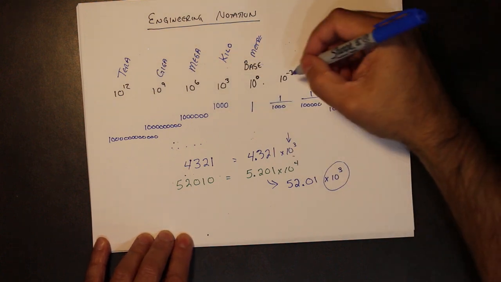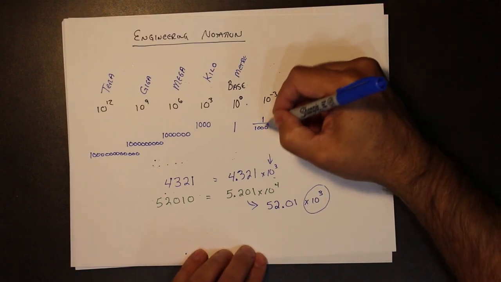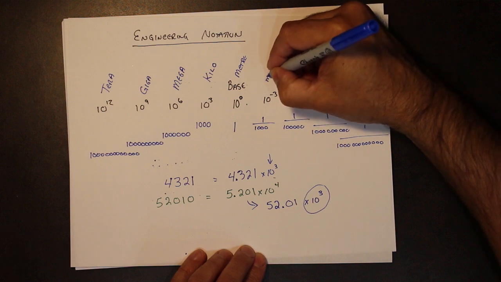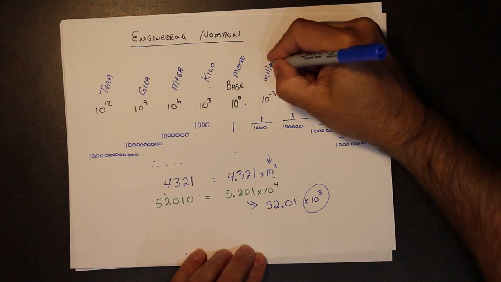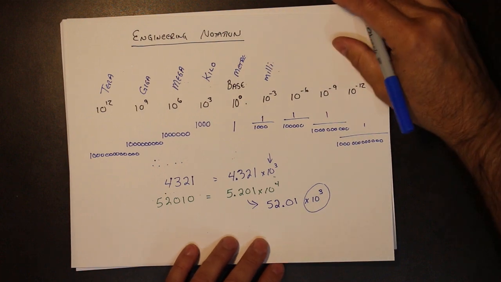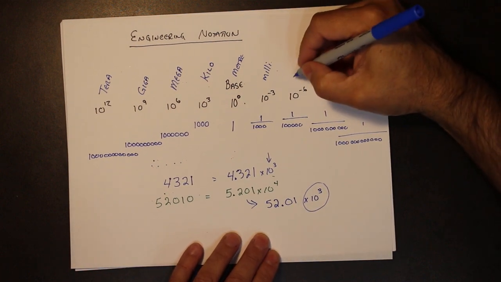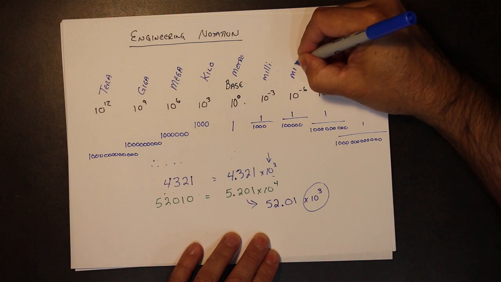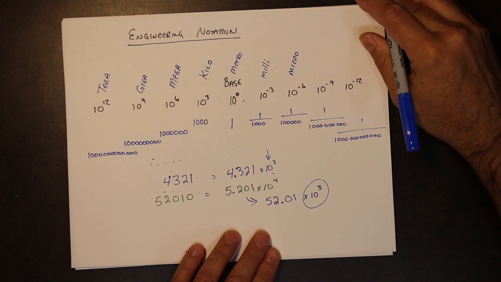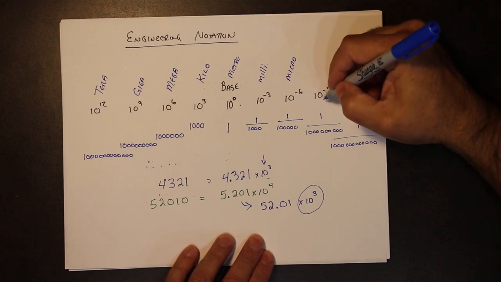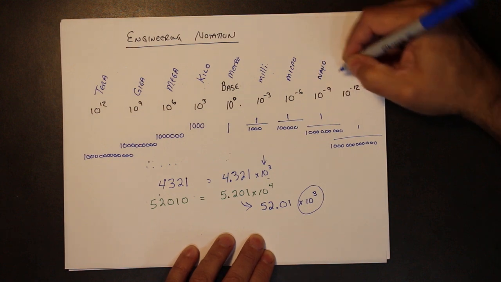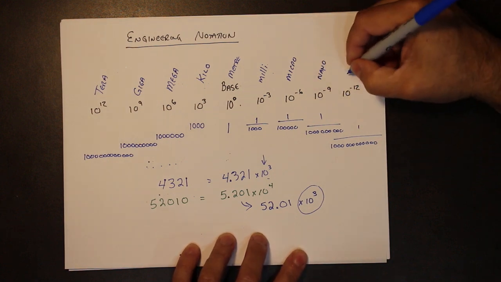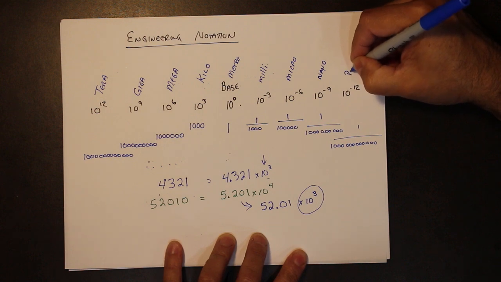On the other side, when we get smaller, 1/1000th is called a milli. 10 to the minus 6, that's 1/1,000,000th, is called a micro. 1/1 billionth is called a nano. And 10 to the minus 12, 1 trillionth, is called a pico.